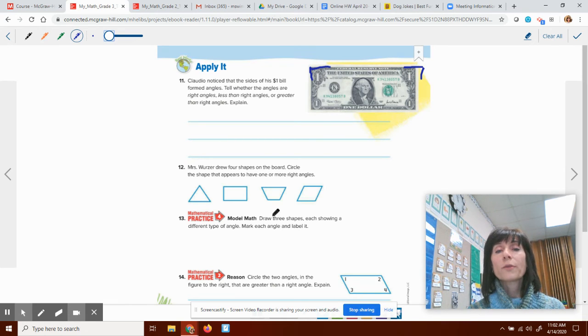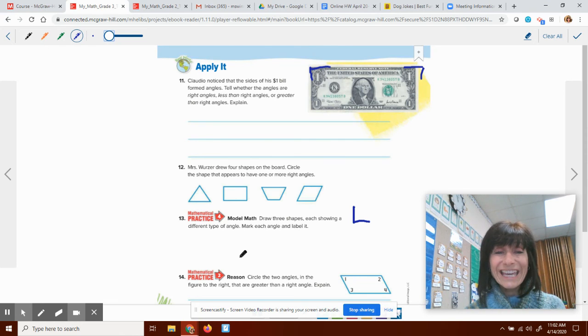Below it says draw 3 shapes, each showing a different type of angle. Well, we've talked about 3 angles. We've talked about drawing a shape that would be a right angle. We could go less than a right angle, which would be my acute. And we could do a larger angle. So be creative and draw 3 shapes.